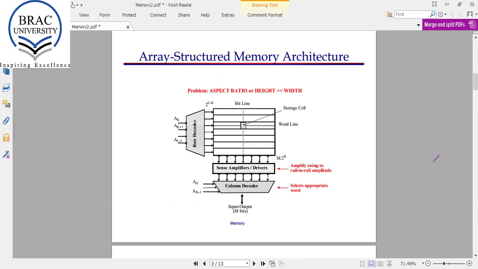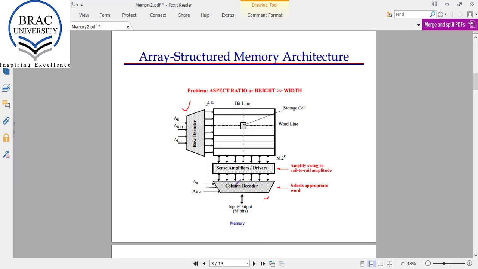Here we have an array structured memory architecture. This is the whole memory chip, and these are the bit lines and these are the word lines. We can select any word line using this row decoder circuit. Then if we want to select any specific column where we want to write data, or from where we want to extract data, we can use this column decoder circuit.